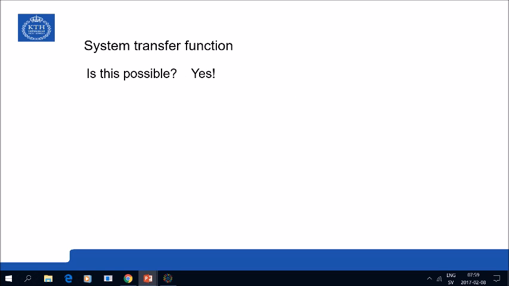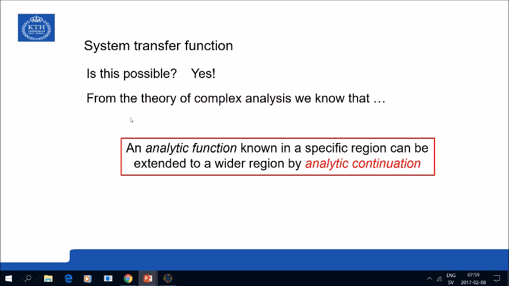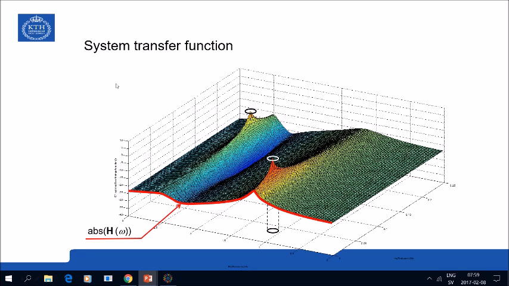Yes, it is. And the reason is that from the theory of complex analysis, we know that if we have an analytic function that is known in a specific region, then we can extend this function to wider regions by something called analytic continuation. And in our case, we have measured the frequency response function, the red curve here.